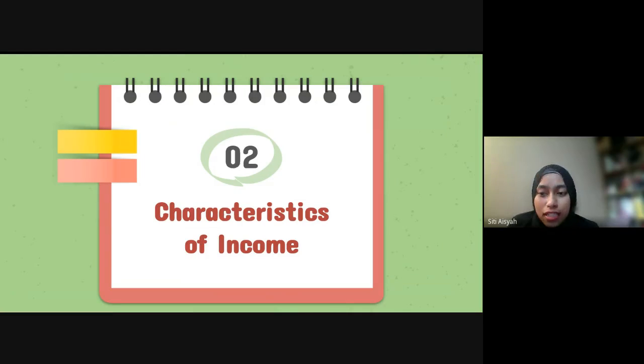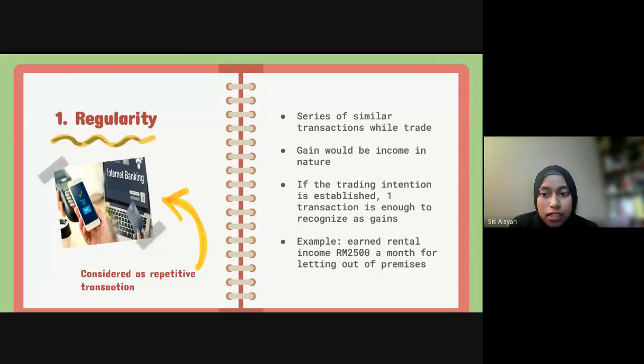To recognize income, some characteristics of income will be explained. The first one is regularity. Generally, a series of similar transactions carried out by the taxpayer may indicate that he is trading, and the gain would be income in nature.